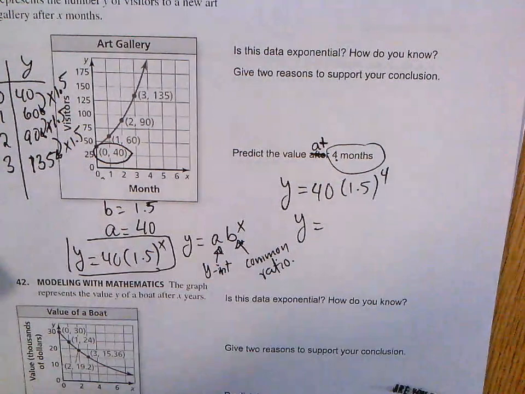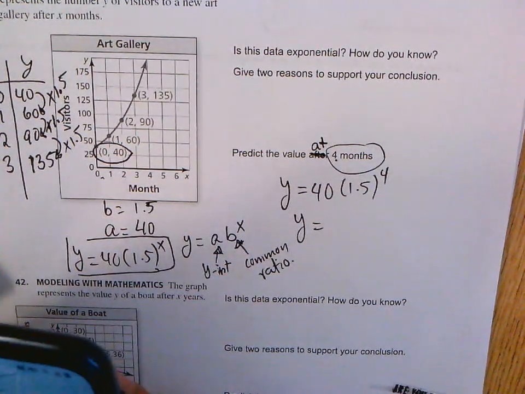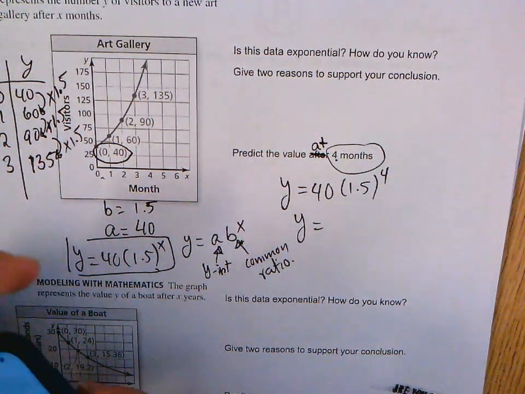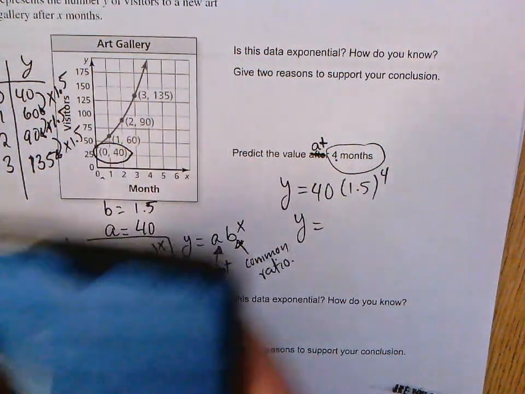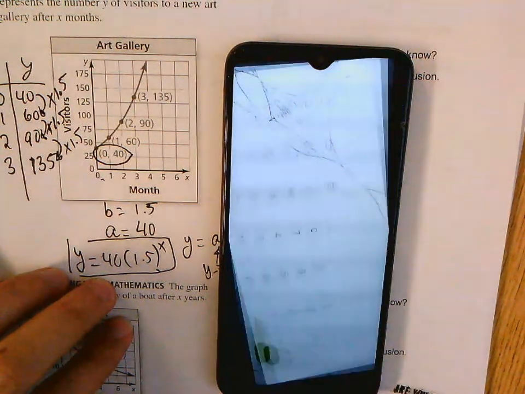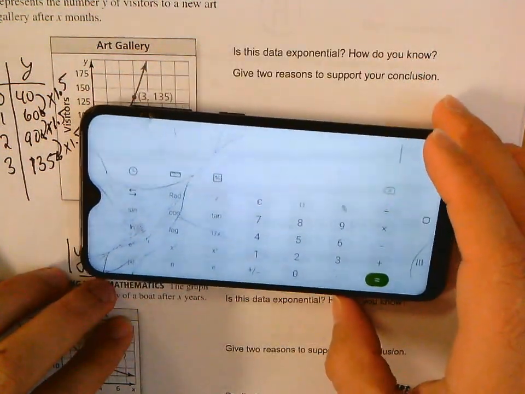If you put that in the calculator, let me see if I can figure that out here. I'm going to have to do it the old way. There you go.